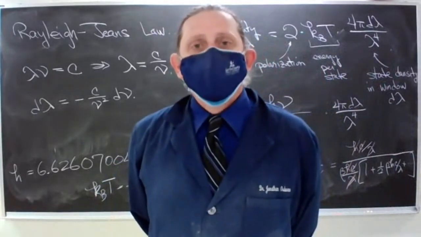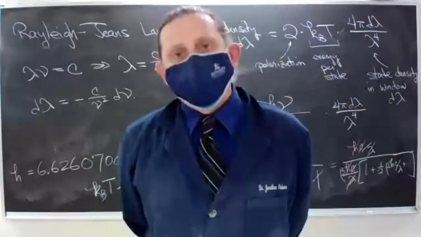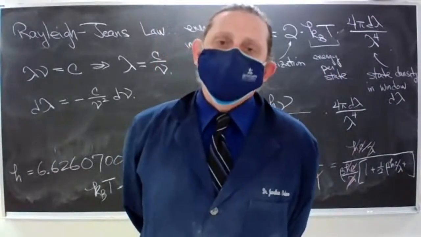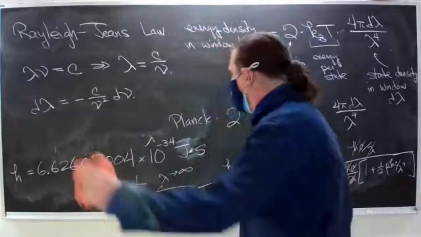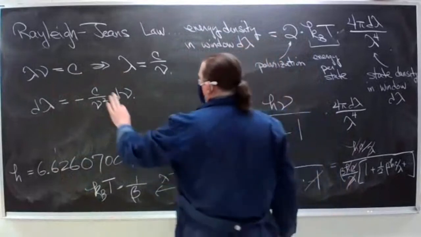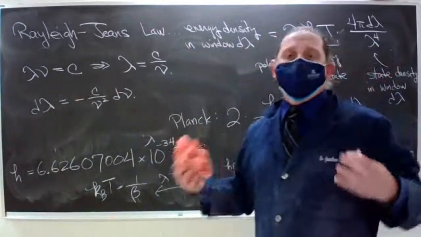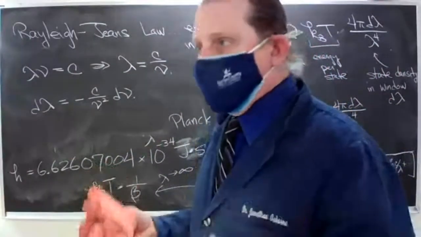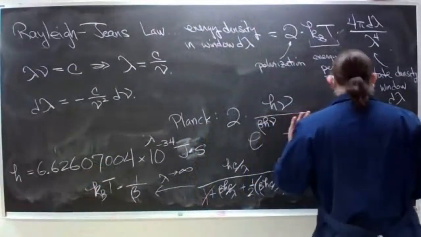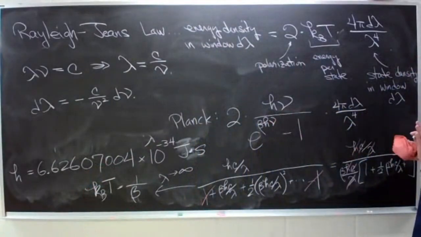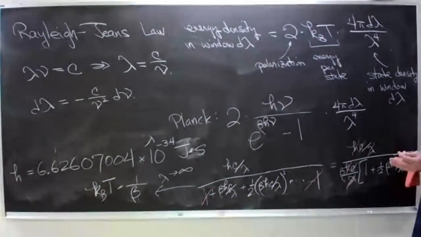I'm not interested in the fact that when lambda increases, nu decreases. So for that reason, I'm just going to unapologetically ignore this minus sign. It's like I'm just looking at the absolute value of the window size. Sometimes that throws people off. So that's why I wanted to mention that.